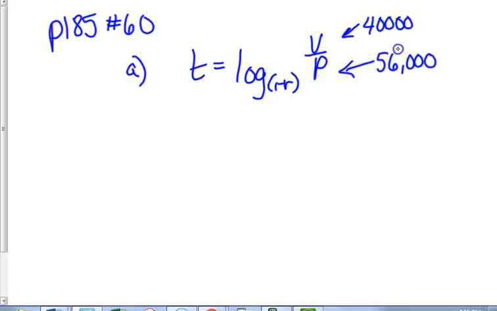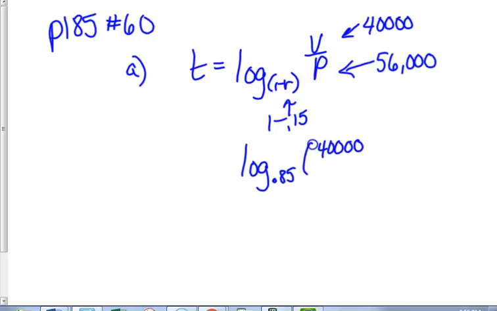It has a depreciation at a rate of 15% per year. So this would be 1 minus 0.15 in there for the whole thing. How much time has passed since its purchase to the nearest year? We're trying to find t. So we're going to have the log of base 0.85 of 40,000 divided by 56,000.